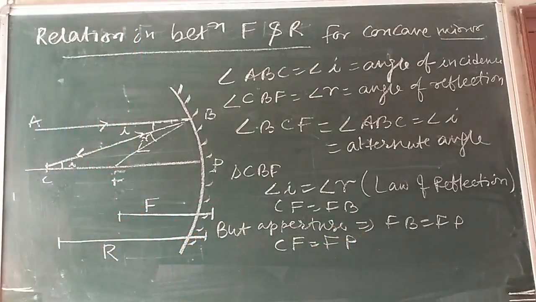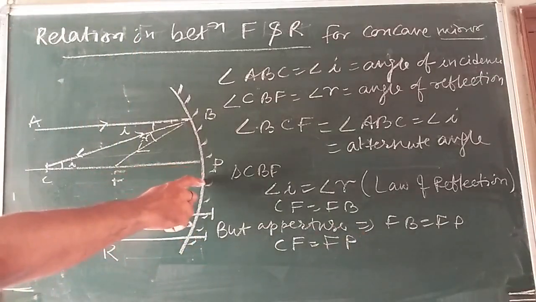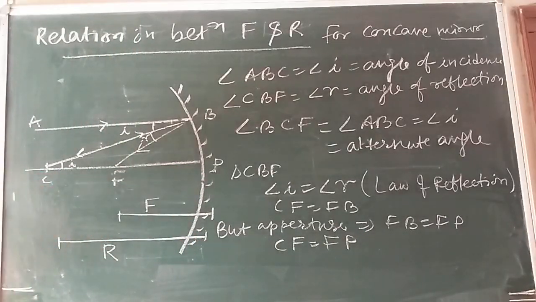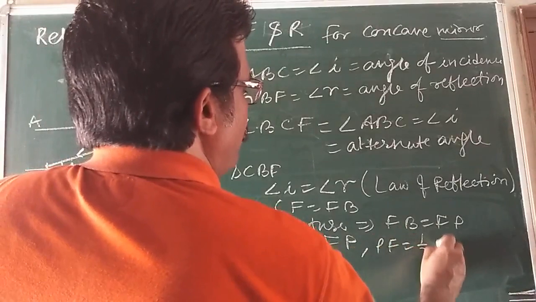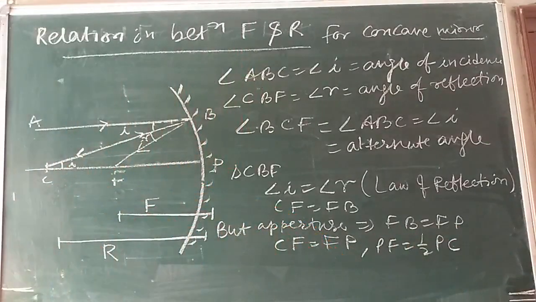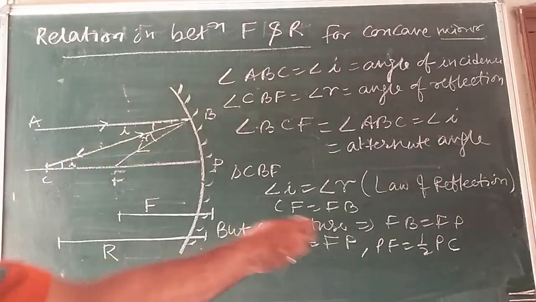Here F is a center of P and C. So I can say PF is equal to 1 by 2 PC. When PF is equal to 1 by 2 PC, so I can write here, children, what is PF?